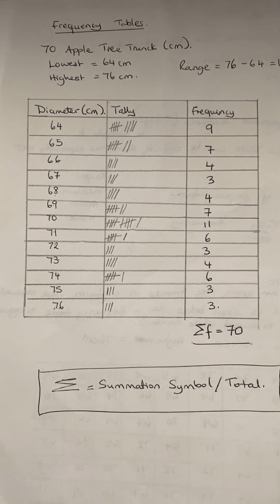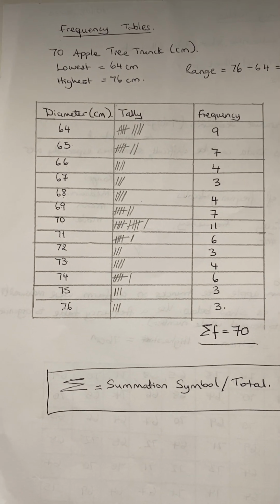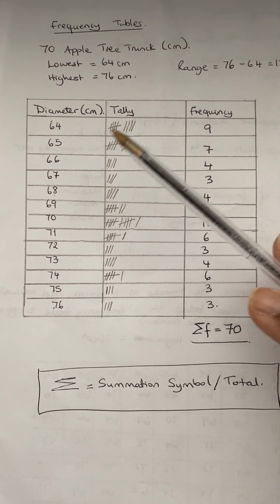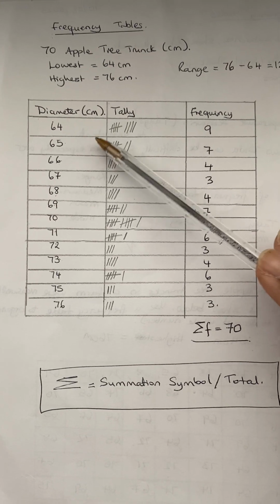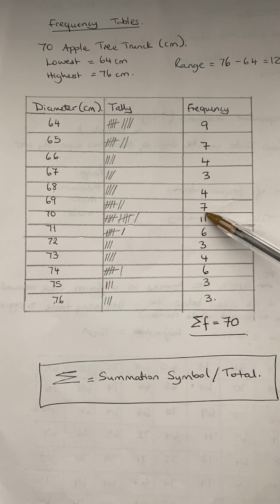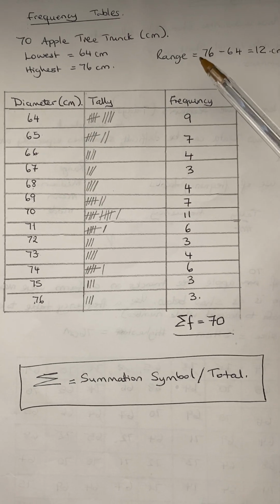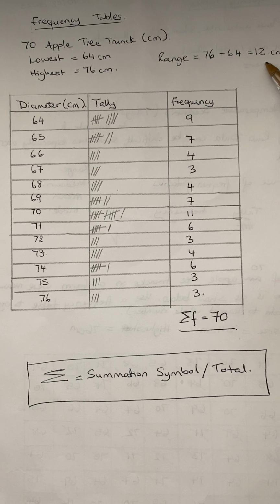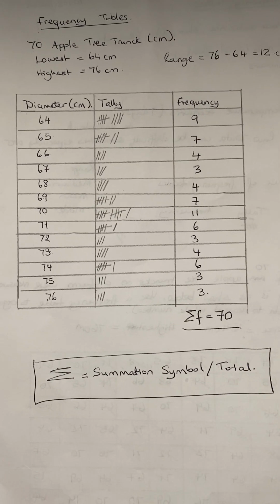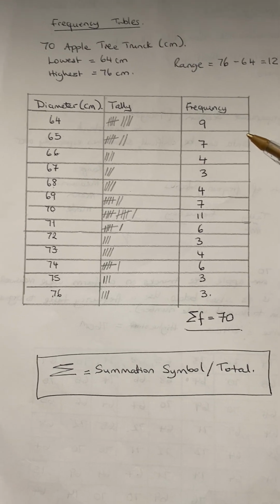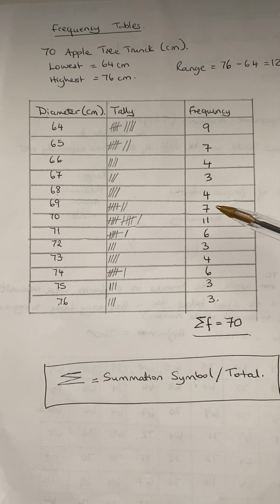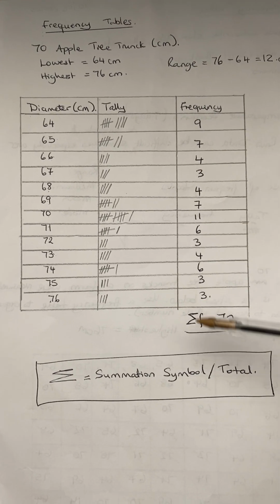You can find the mean even without plotting on the graph. I will show you another time how to find the mean using the diameter and the frequency. We've already found the mode. The range is the highest minus the lowest. And you can find the median on the graph. So now you've made it a lot easier to understand what is going on.